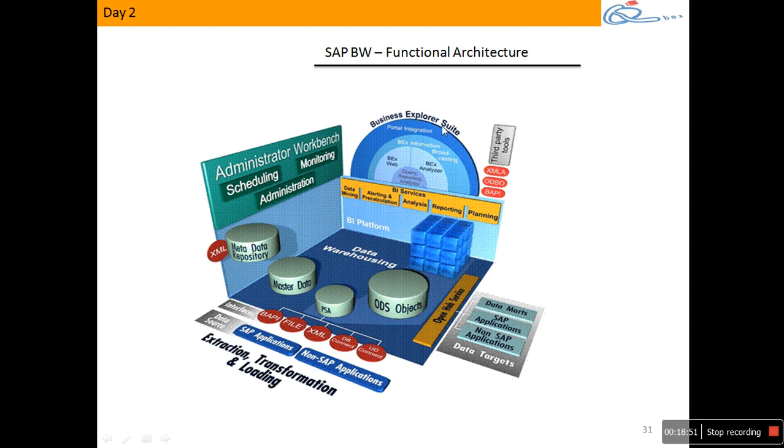When I say suite, it has a set of components like query designer, analyzer, web application designer, web analyzer, report designer. We have 5 components, and all these 5 together we call the Business Explorer suite, which is used for reporting. Through it you design your queries and create your web dashboards and web reports. All those can be done with BEx.